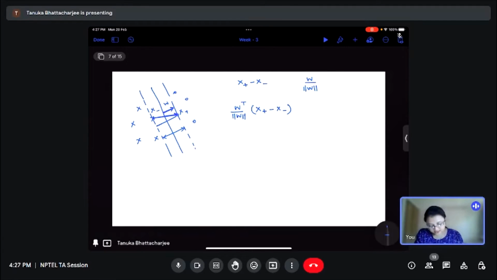Now you know that x minus is on this line. So x minus will satisfy W transpose x minus plus B equal to minus 1, and x plus will satisfy W transpose x plus plus B equal to 1, because that's how we designed the SVM classifier.